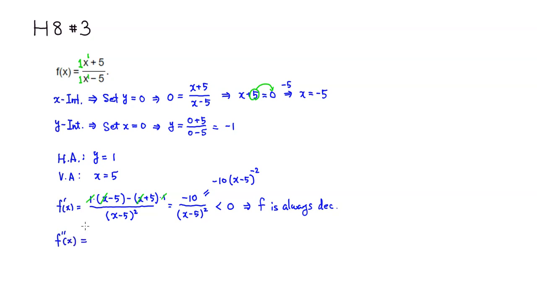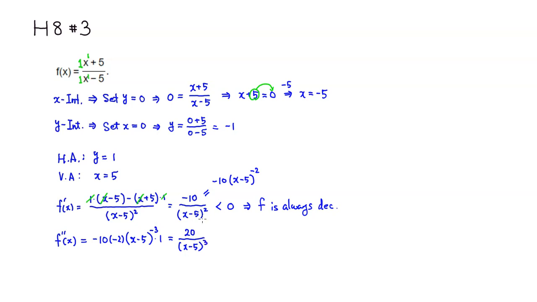We have negative 10, put negative 2 in front, keep x minus 5, and subtract 1 from the power, giving negative 3, and then multiply by the derivative inside, which is 1, which doesn't do anything. So this simplifies to negative 10 times negative 2, which is 20. I put it up there, and the quantity x minus 5 sits downstairs because of the negative power, and you have to cube it.